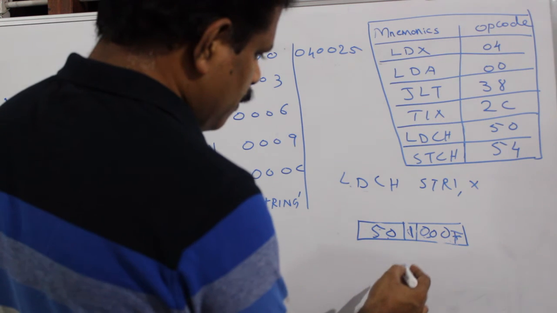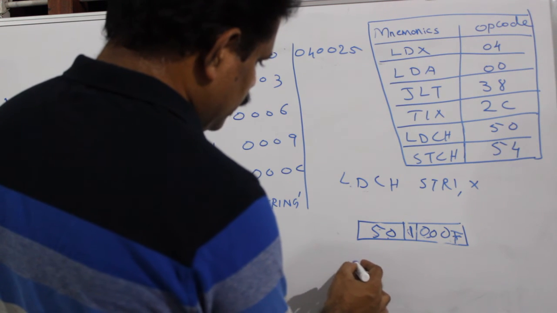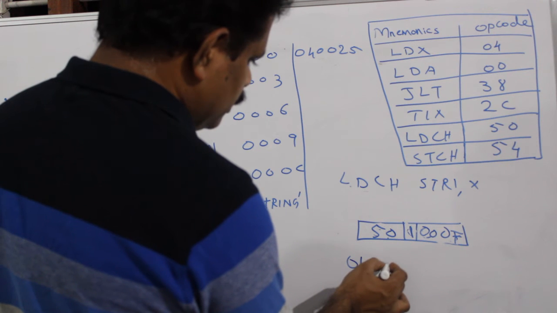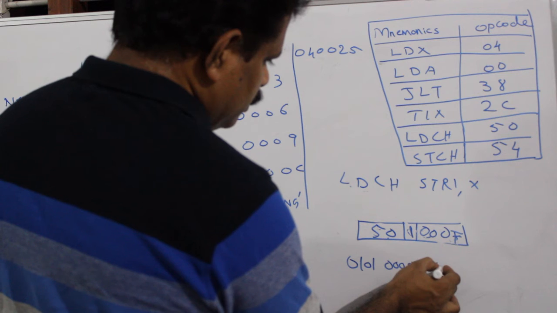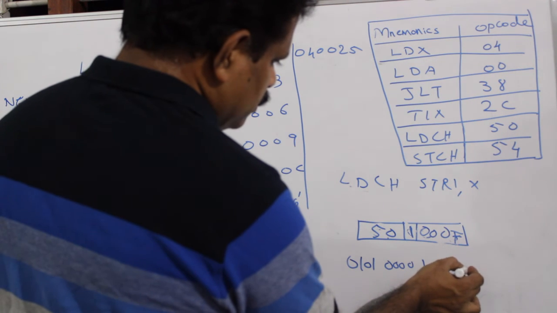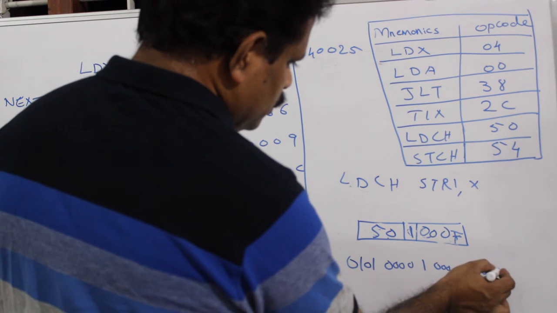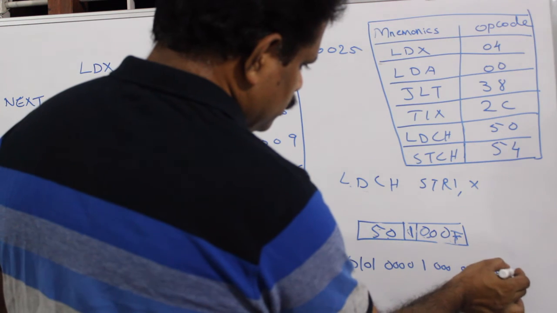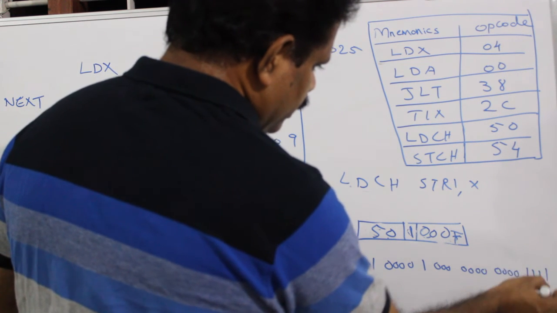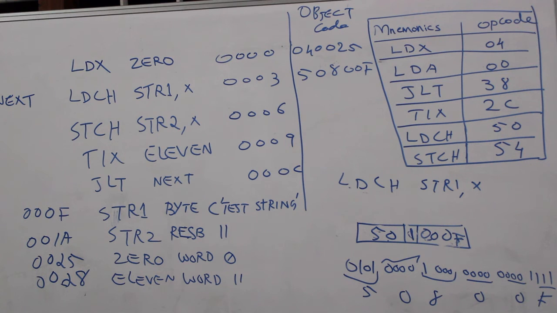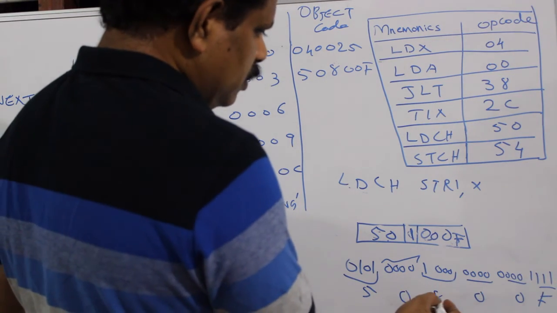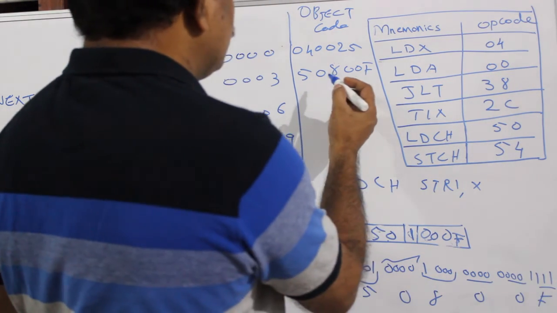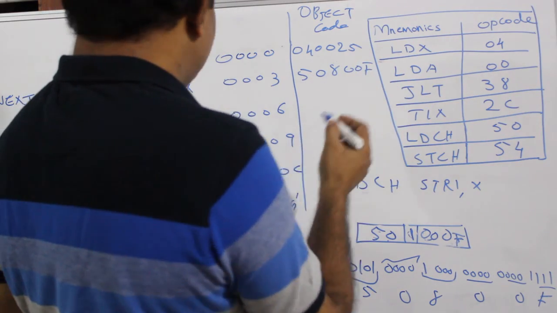So this will become 0101 0000, then 1, then 000 0000 0000 1111. That is 50800F.